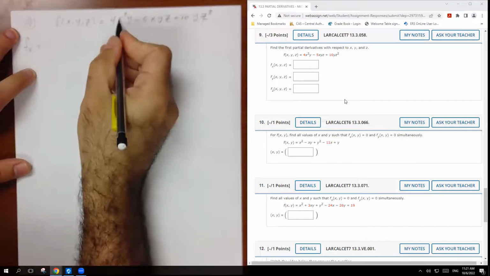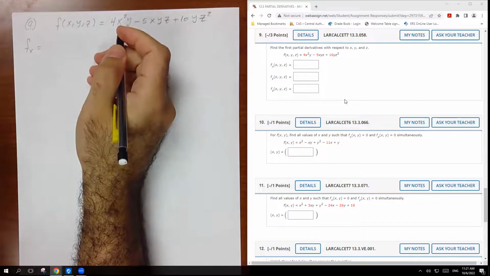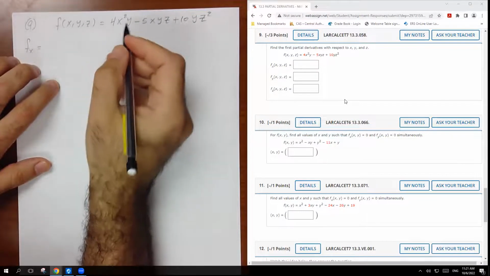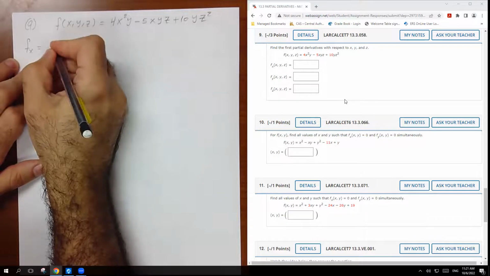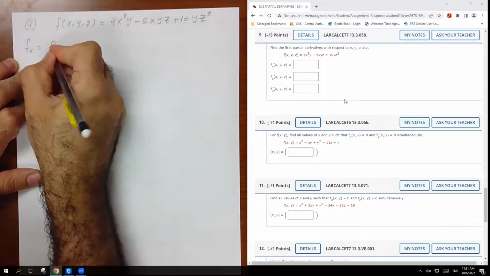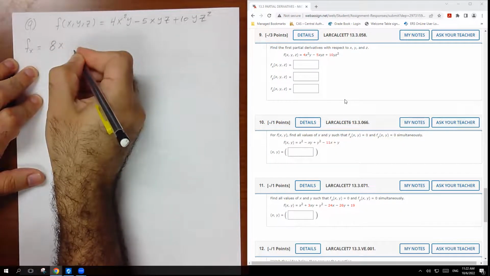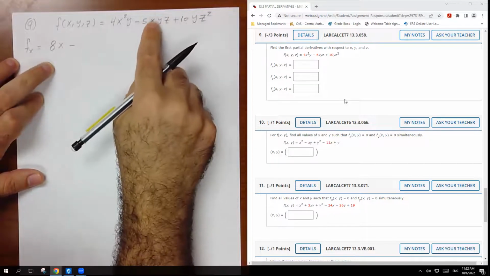So with respect to the x, for this one, y is constant, that means 0. Here, if you want to do the chain rule, it's fine. So it's going to be 8x minus this one with respect to the x.